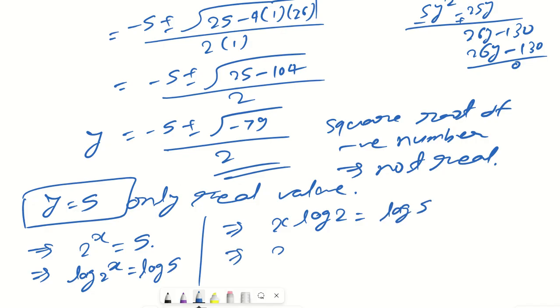From there we are going to get x equal to log 5 by log 2. And you know already log a by log b can be written as log a base b. So x equal to log 5 base 2 is the answer.